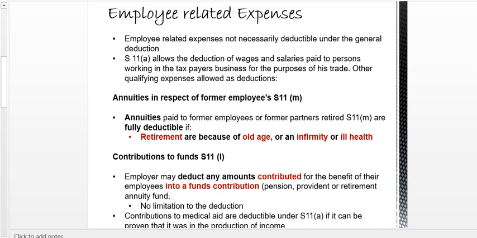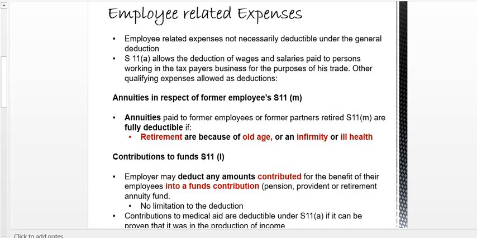It has to be an annuity paid after retirement or for retirement, and it's because of old age, ill health, or infirmity. Okay, contributions to funds, Section 11L. The employer may deduct any amounts contributed for the benefit of the employee into fund contributions.